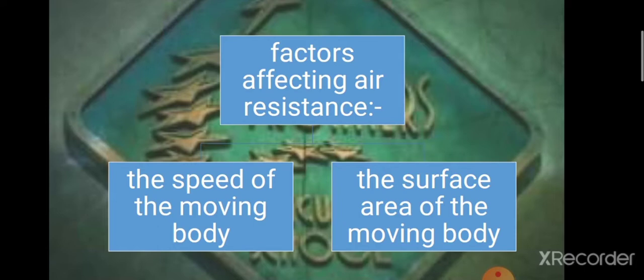Is the air. So I don't need a type of surface material because the surface that it will move in is one, which is the air. So it will not affect the air resistance. So the air resistance will be affected by the other two factors, which are what? The speed of the moving body and the surface area of the moving body. Again, the factors that affect the air resistance are only two, which are the speed and the surface area.